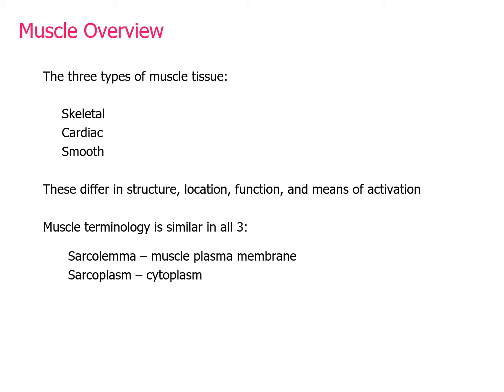The three major types of muscle tissue include skeletal muscle, cardiac muscle, and smooth muscle, which differ in a number of their characteristics. Terminology is a little bit different for muscle tissue in that the plasma membrane is called a sarcolemma, and the cytoplasm inside is called the sarcoplasm.